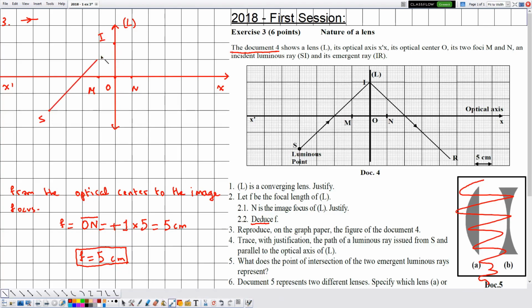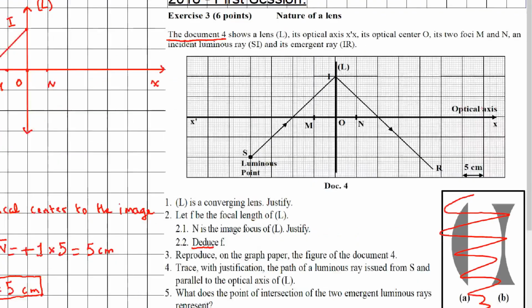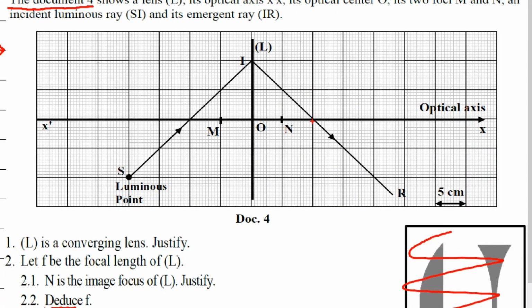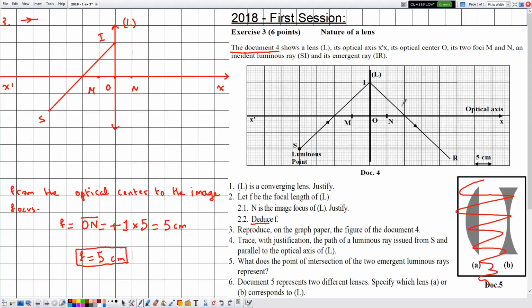So SI is the incident luminous ray. IR is the emergent ray passing through the optical axis at this point, 2 divisions behind the lens. So this is the emergent ray IR.